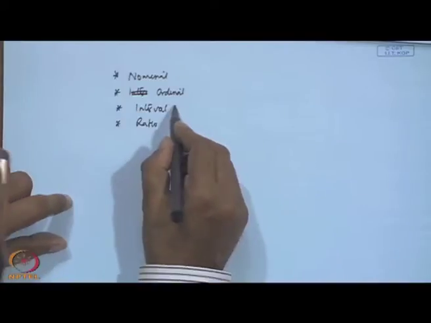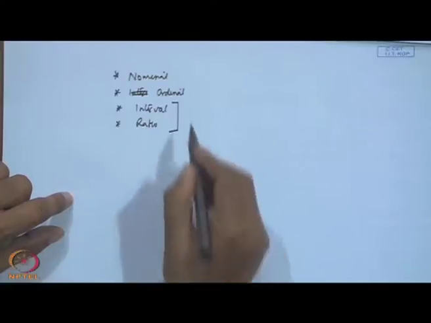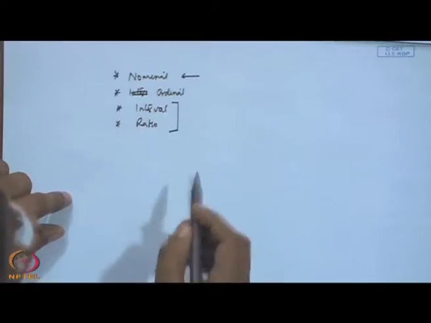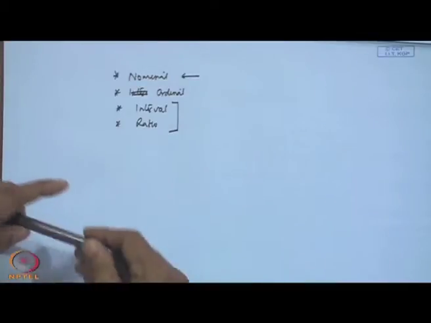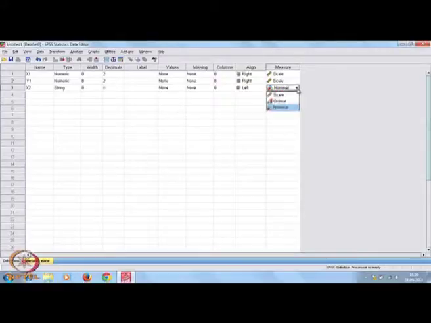When it is said scale data, this basically comes from these two interval and ratio, and they are also saying nominal data. So, suppose if I click this, you see that scale, ordinal and nominal are available here. If you want to make it ordinal, click like this.